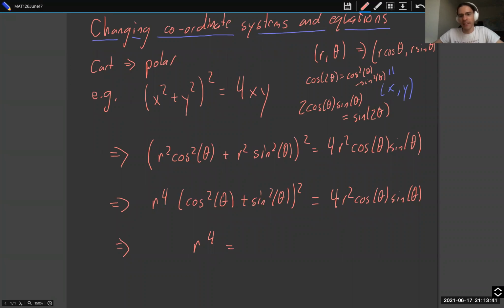So I could rewrite this as 2r squared sine of 2 theta. And so dividing by r squared gives me that r squared is equal to 2 sine 2 theta.